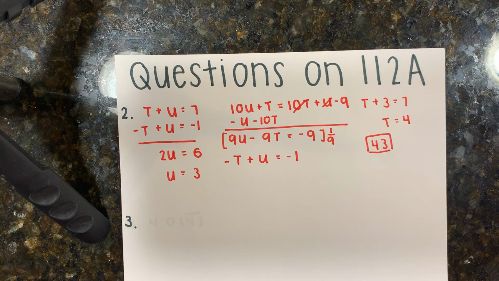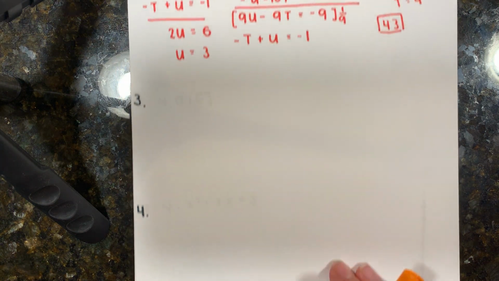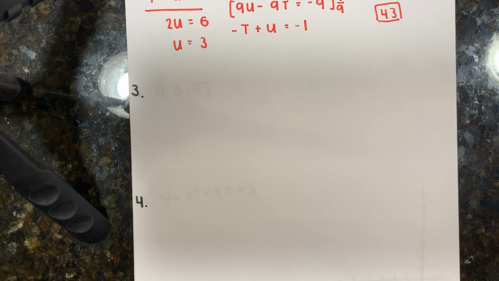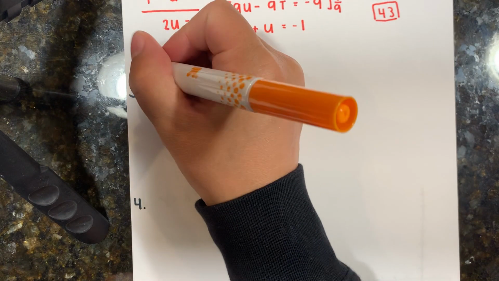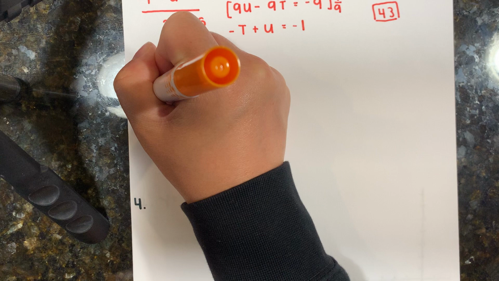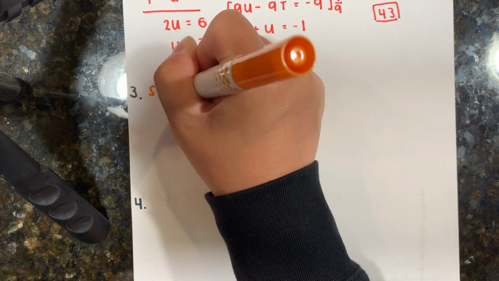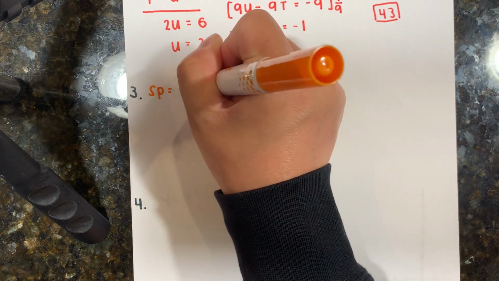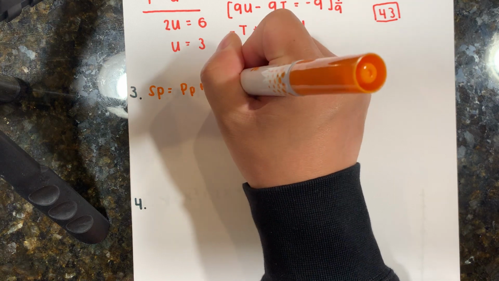Now moving on to number 3, it said the bookstore went out of business because the markup that they used was only 20% of the selling price of the book. If they sold one shipment for a total price of $1,800, what did they pay for these books? So that means our equation is going to be selling price is equal to purchase price plus the markup.